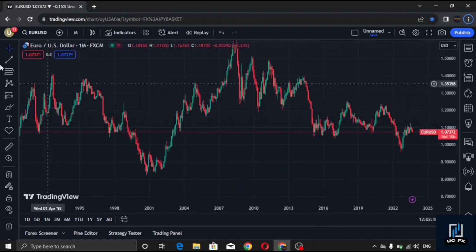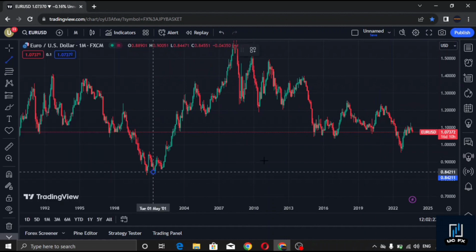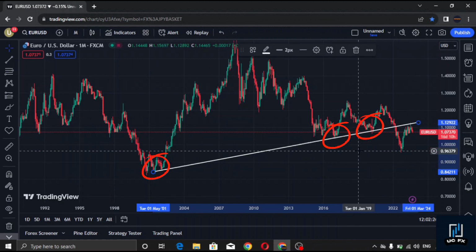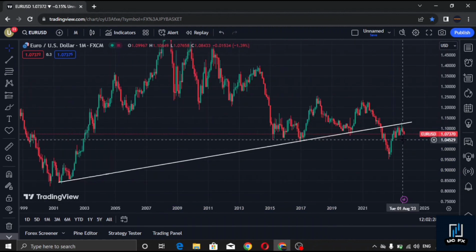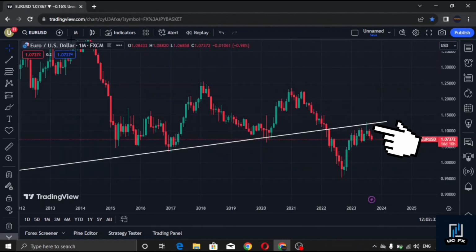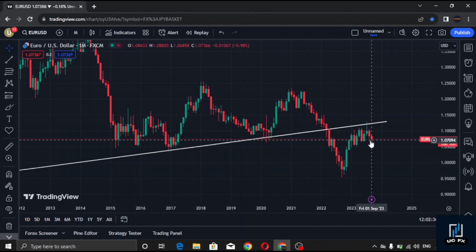So if you have connected these 2 points using your trend line, or 3 points here, if you have connected these 3 points using your trend line, you would have caught these sells right up from the start. And mind you, this is actually the monthly chart, so this would have been a massive sell.